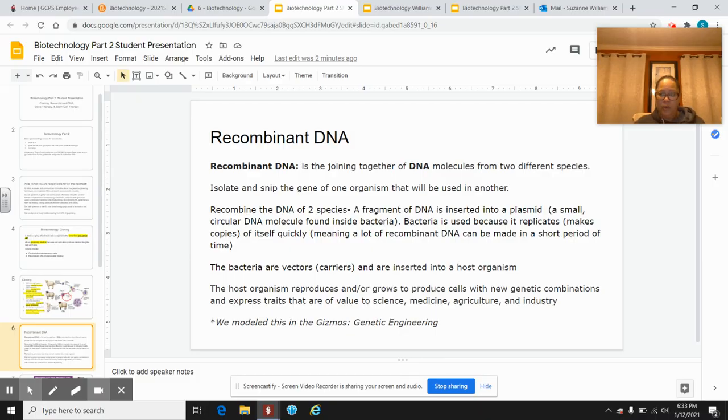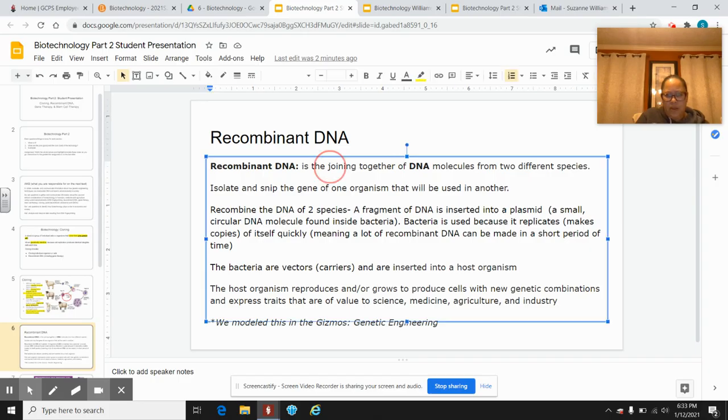And so now, instead of having to take medicine and shots and all those kinds of things, the body is able to produce that insulin. So let's highlight a few things here. So the joining together of DNA from two different species, let's highlight that.